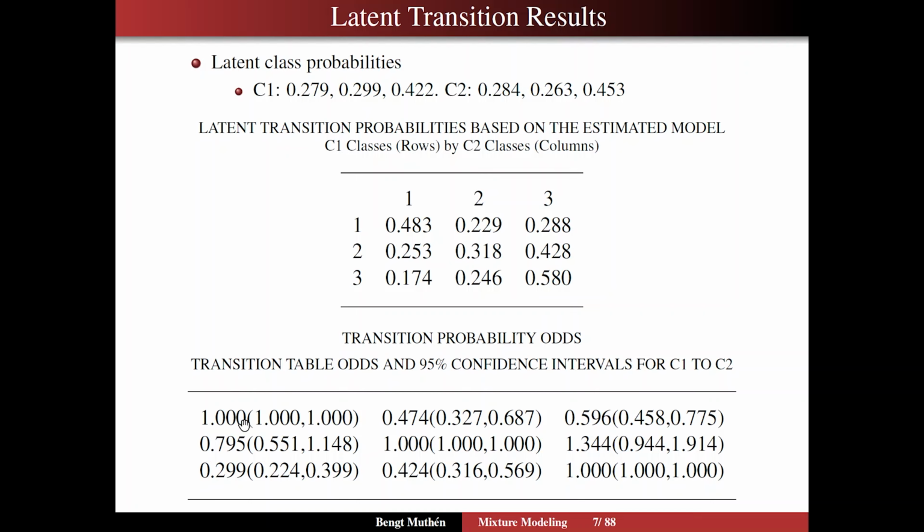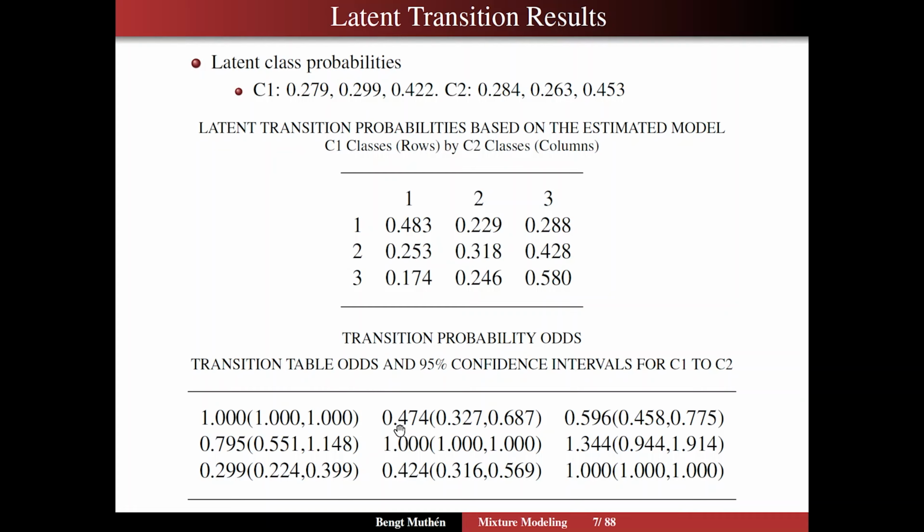So we're comparing to staying in the same class. So the value 0.474 here is simply obtained as 0.229 divided by 0.483. So we're comparing probabilities in an odds metric, so a ratio of probabilities.